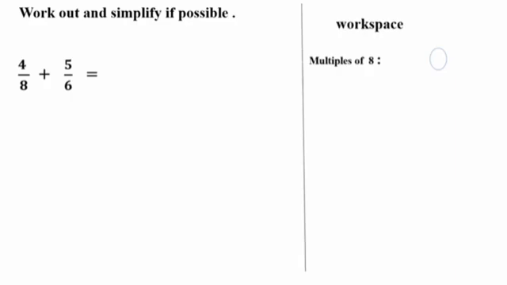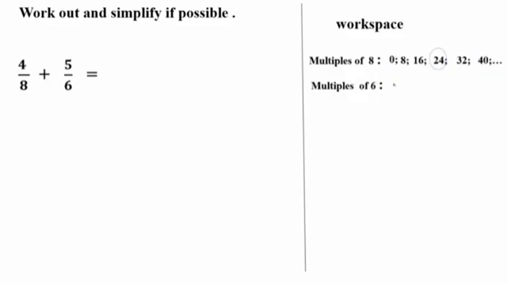To the right, we can write the multiples of 8. We have to have a common multiple for both denominators. So the multiples of 8 are 0, 8, 16, 24, 32, for example, and 40.